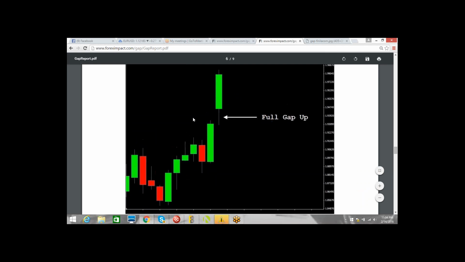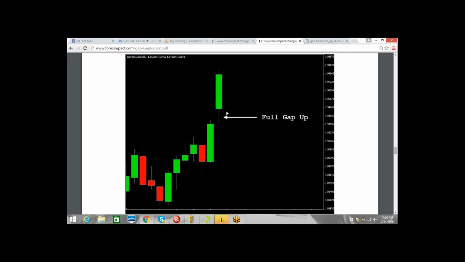When you're looking at this gap, meaning there's a space between the candlesticks, now you know there's a gap. What type of gap is it? Well, the opening price, which is way up here, opened above the highest point of the previous candlestick, or the wick right here. So this would be considered a full gap. That's the difference between partial and full gaps.